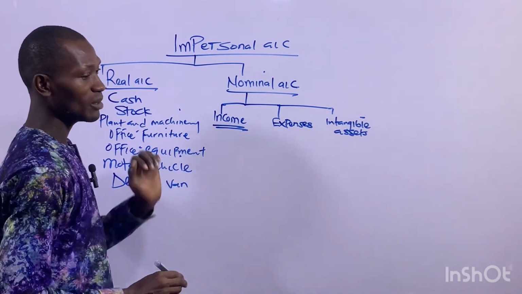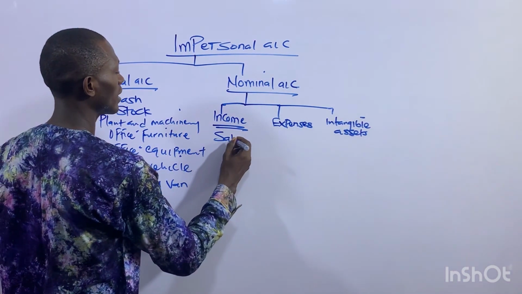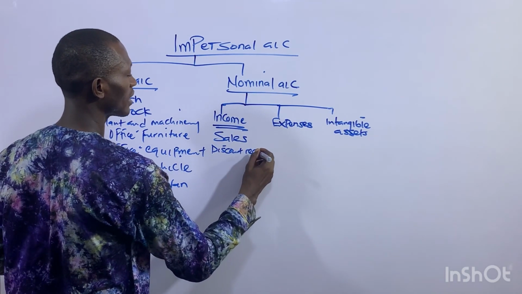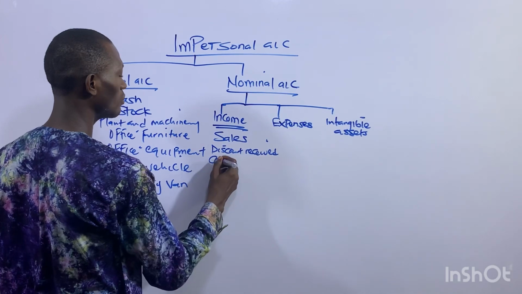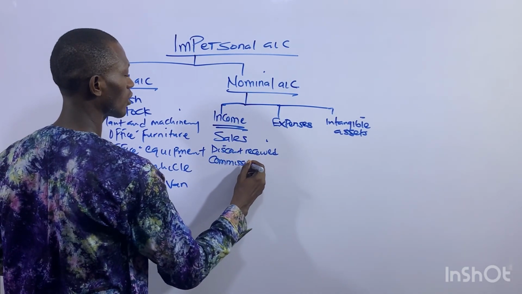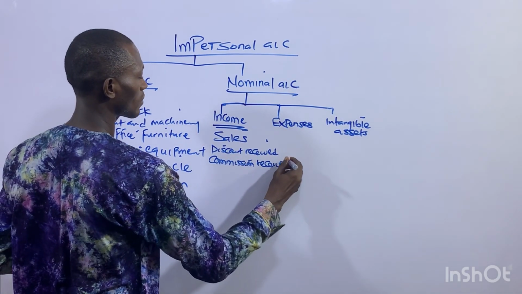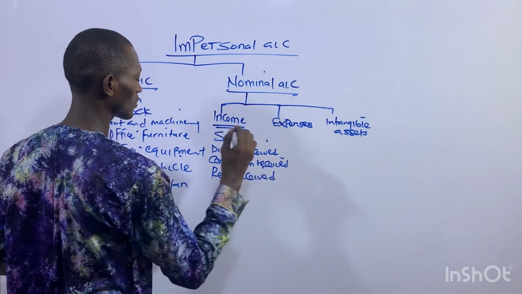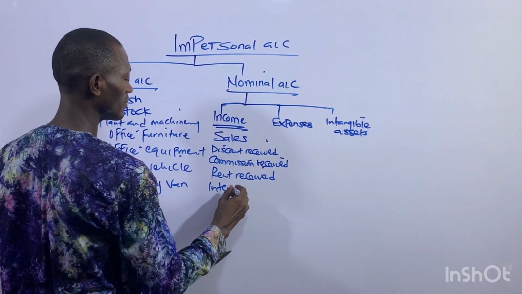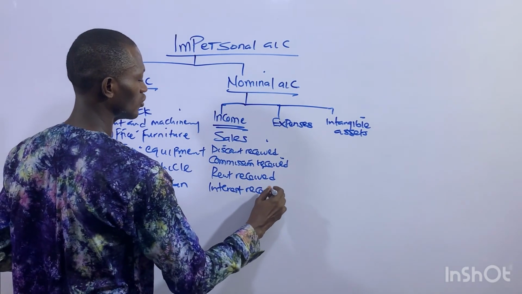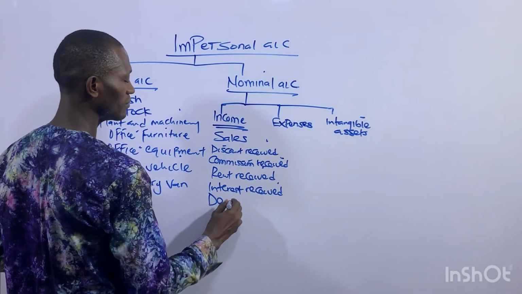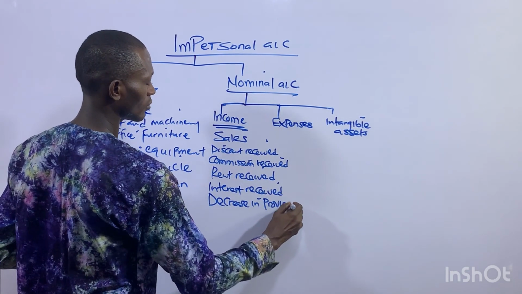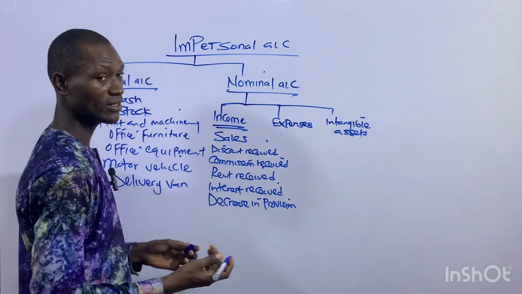So examples of income accounts: we have sales accounts, discount received accounts, commission received accounts, rent received accounts, interest received accounts. We could have decrease in provision, and the list is endless.